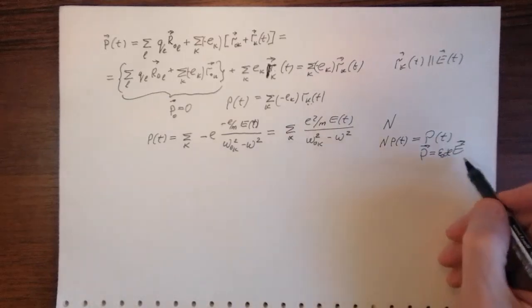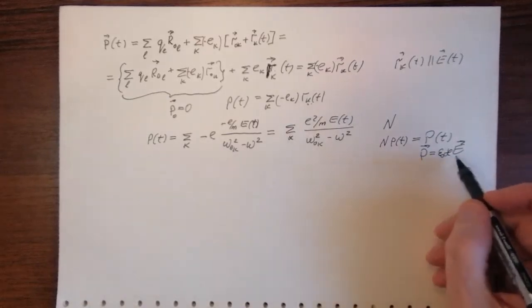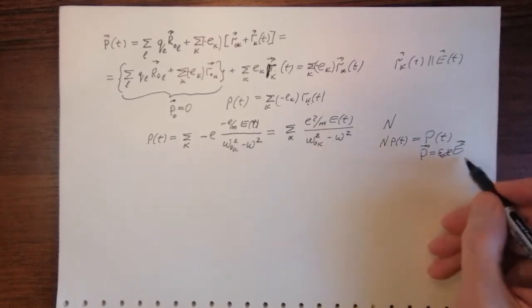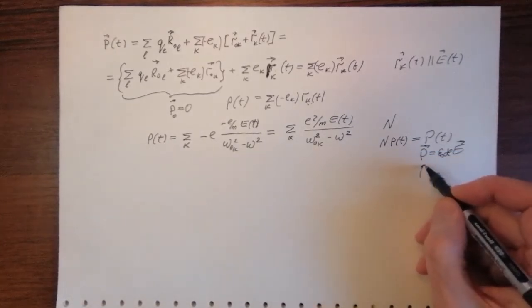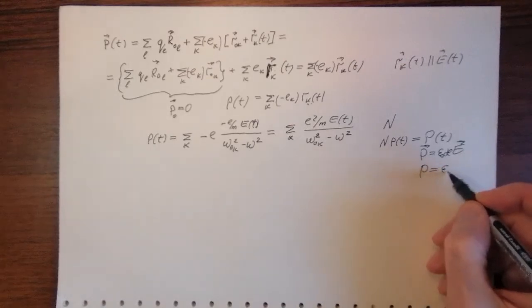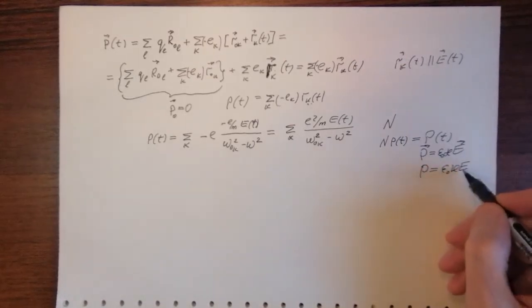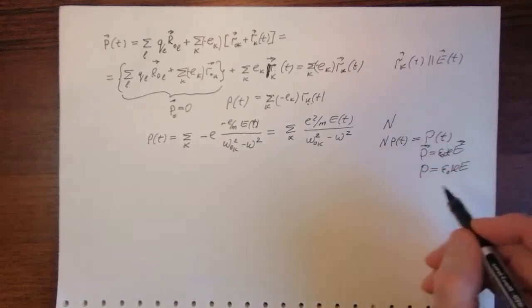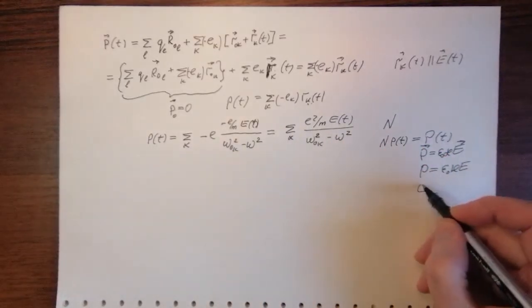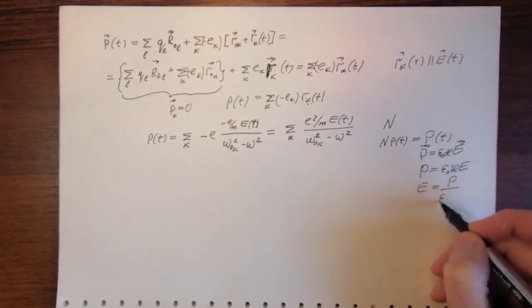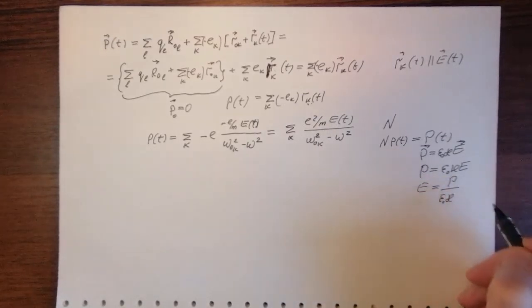And P in a nonpolar molecule is in the same direction as E, so the projection on this direction can also be written in this way. From here we can substitute E by P divided by epsilon 0 kappa.